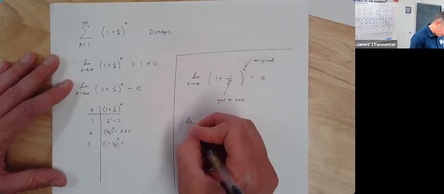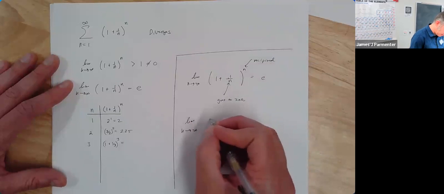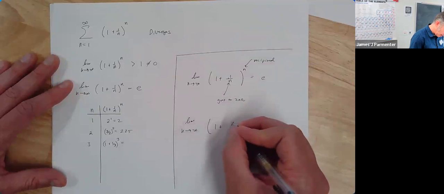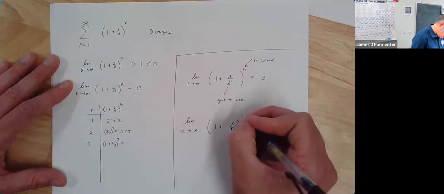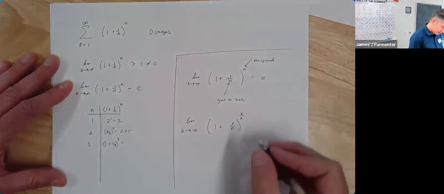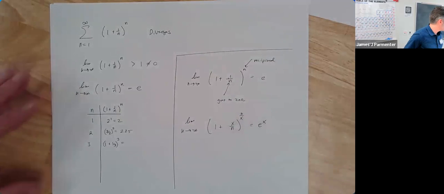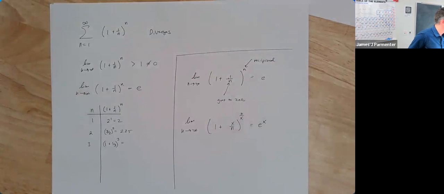But you can be more general and say the limit as n goes to infinity of (1 plus x over n) to the n over x is going to go to e to the x. It's not super duper important, but it is a little important.